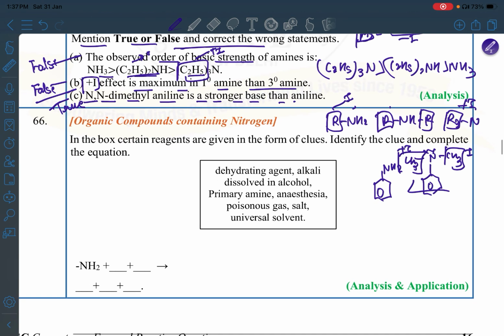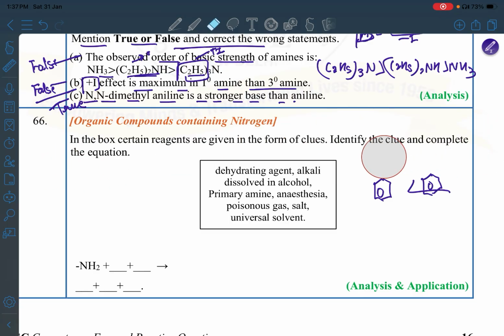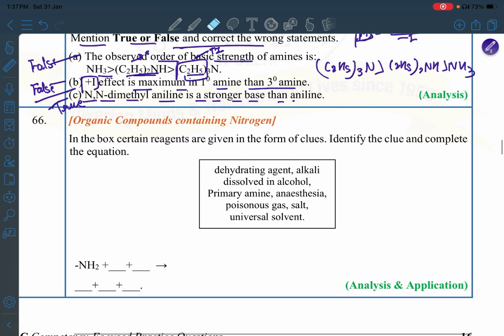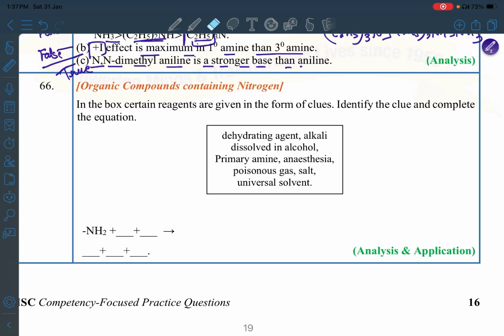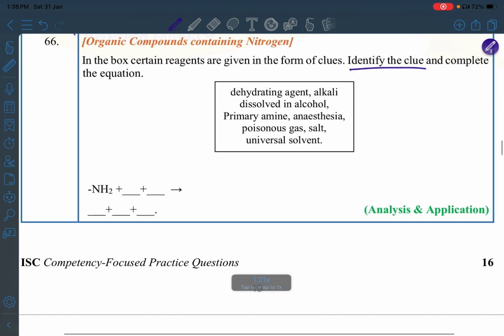Now about question number 66. In the box, certain reasons are given in the form of clues. Identify the clue that completes the equation. The clues are: dehydrating agent, alkali dissolved in alcohol, primary amine, anesthetic, poisonous gas, salt, universal solvent.